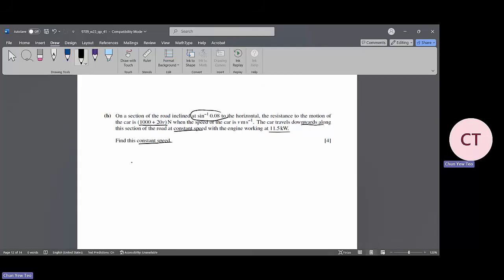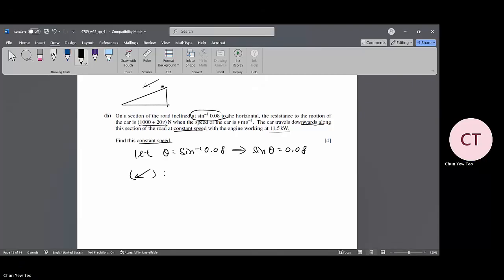So first of all, we let this be theta, arc sine of 0.08. Then you will get sine theta is 0.08. Then if you resolve the forces going down the plane, you're moving down. So if you're moving down, then you will have the mg sine theta plus the driving force minus the resistance force.